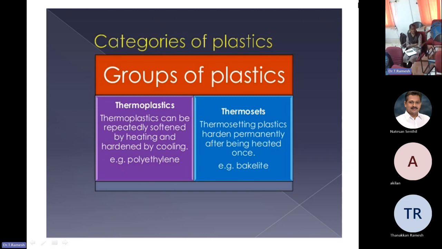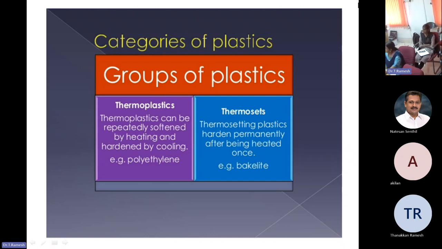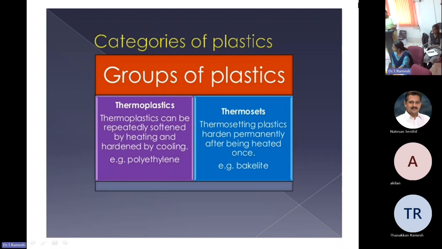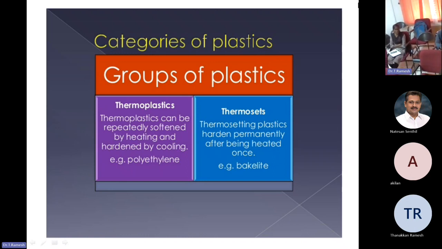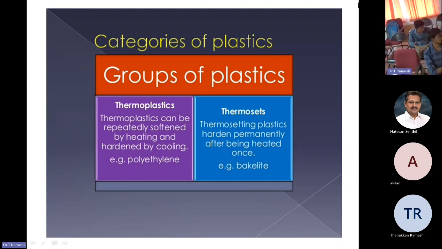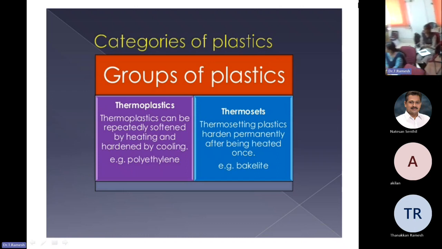So any number of times it can be recycled. Let us not bother much about thermosets. From the name itself, we can say that once it is hardened after heating, it is permanent. After that, it cannot be reused. That kind of plastic comes under thermosets. So our polyethylene topic of today comes under the thermoplastics.